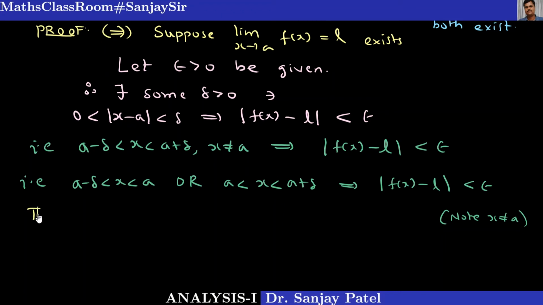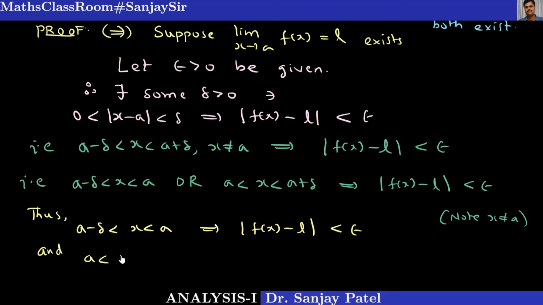So writing these two separately, our aim is proved. Whenever a minus delta less than x less than a, this is true, and also whenever a less than x less than a plus delta, again we have mod of f(x) minus L less than epsilon.